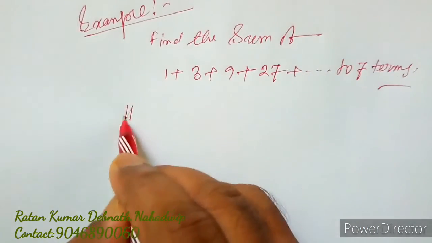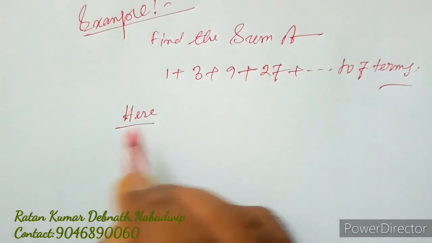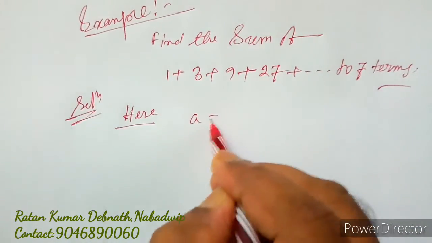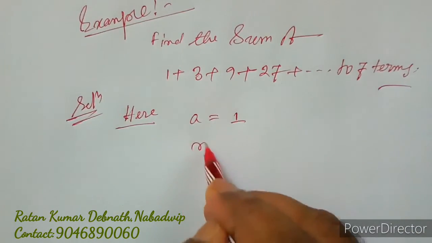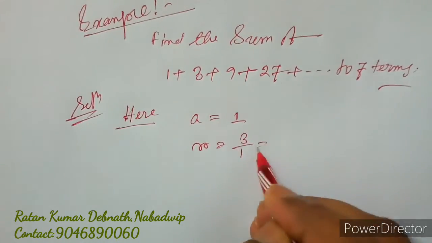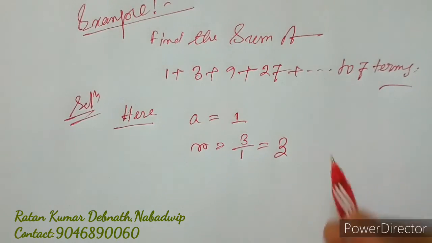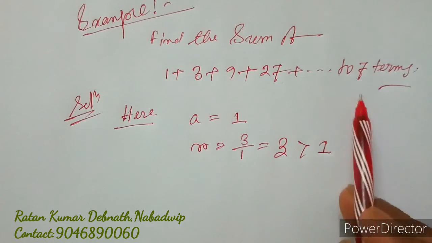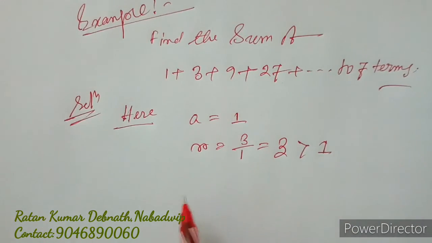Here a equals 1 and r equals 3 by 1, which is 3, which is greater than 1. We have to find the sum up to 7 terms.